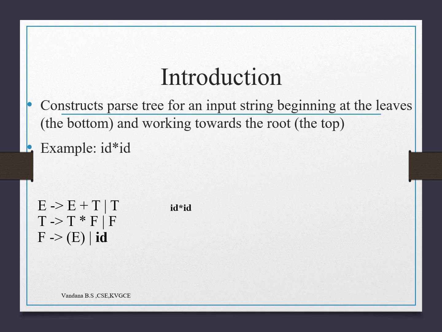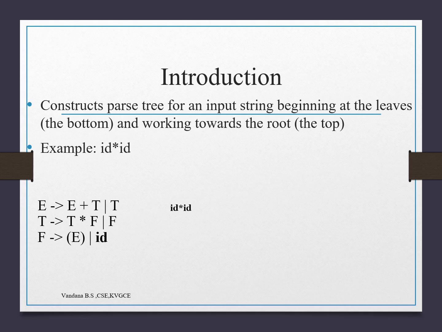Therefore, the key decisions during bottom-up parsing are about when to reduce and about what production to apply as the parse proceeds. This is the confusion here.